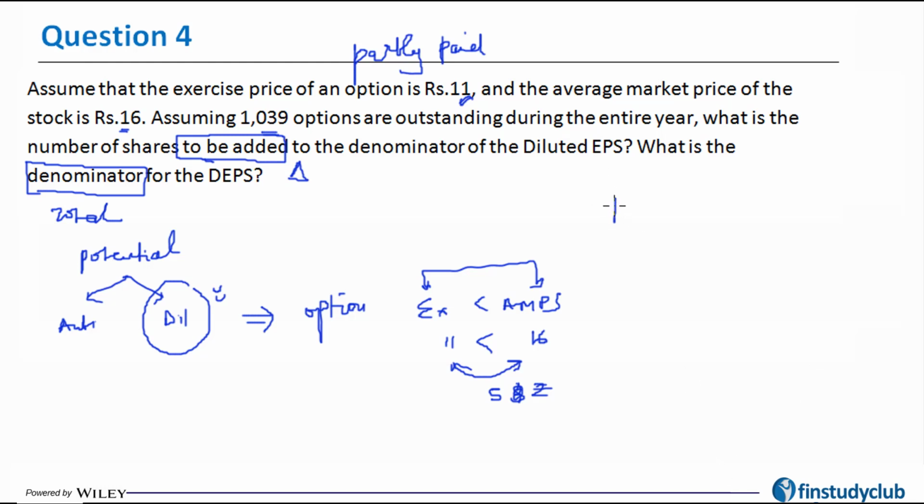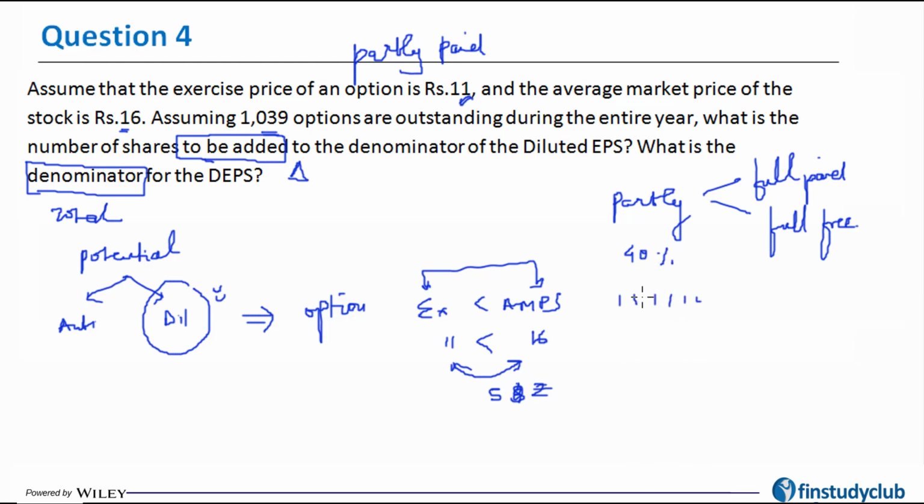So in case of partly paid up options, you would recall that we used to divide it into fully paid up and fully free. It's like saying if I have done 40% of my course, there are two ways of looking at it. All the books have been done 40%, then also my course completion is going to be 40%. Or we can also say that 2 books have been done completely and 3 books haven't been touched.